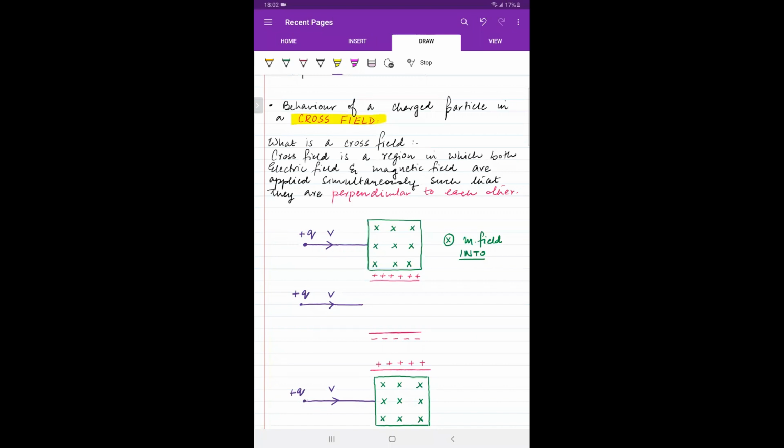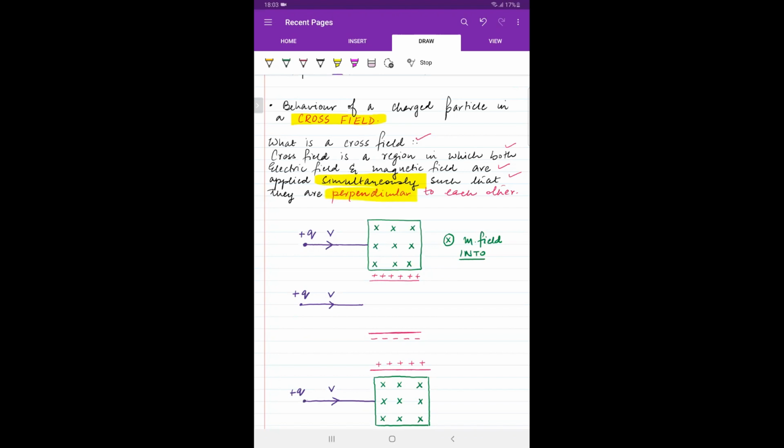So what is a cross field? Let's first discuss this, and later see how a charged particle would behave in a region of cross field. Look at the wordings first. So cross field is a region in which both electric field and magnetic field are applied simultaneously such that they are mutually perpendicular to each other.